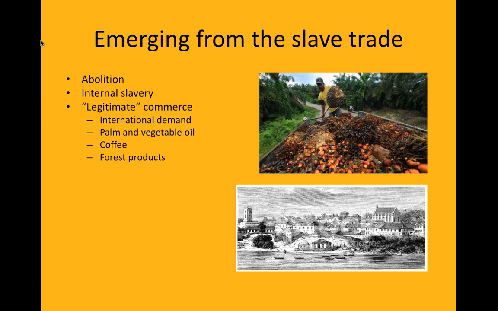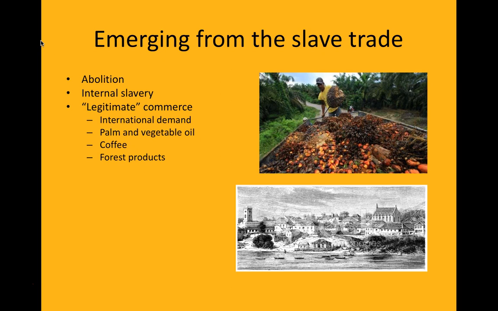Never mind, they were being pressured to do that by Europeans, but regardless, this notion of legitimate commerce really took hold and began to have an effect on Africa, because there was an international demand for certain goods, especially agricultural goods, that came from Africa.